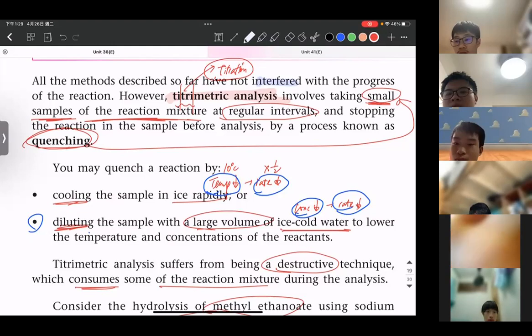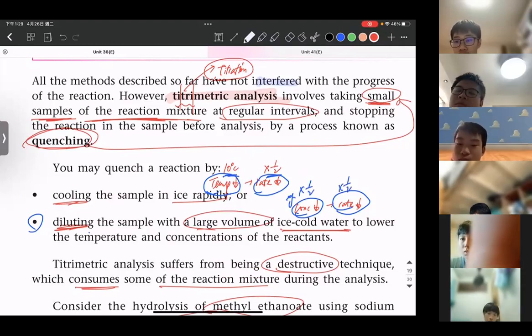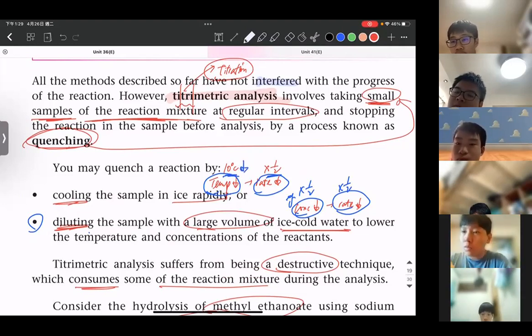okay? If you want to get to know how much slower it can be, there is something quantitative. For example, if the concentration of the solution decreases by half, the rate will decrease by half. While if the temperature drops by 10 degrees, the rate will be slowed by half. Can you get my point?